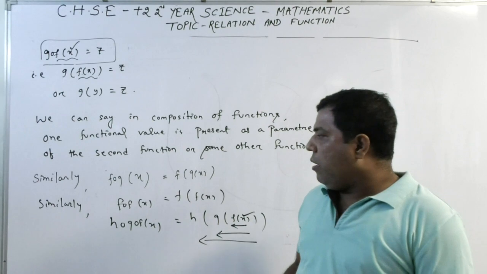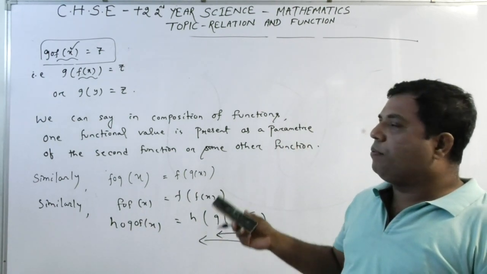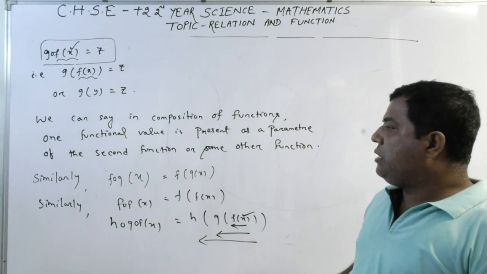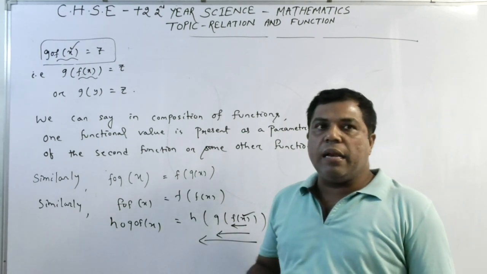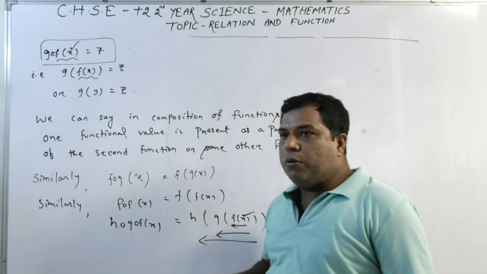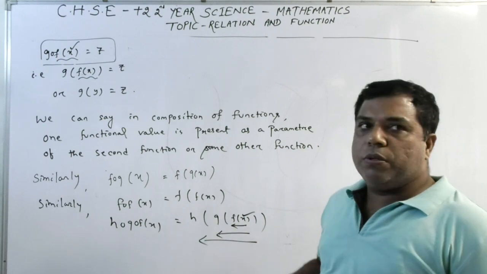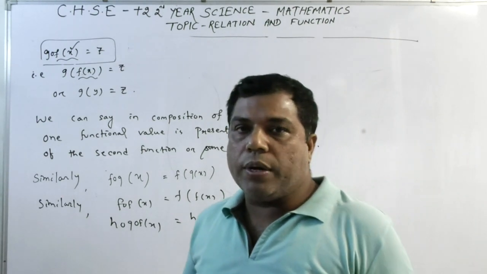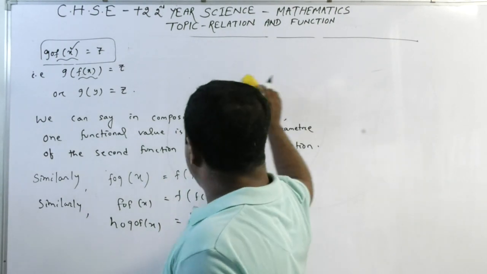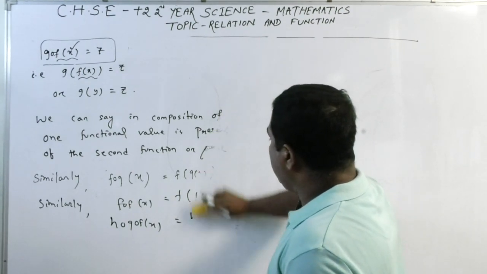Okay. Let us go for some examples of composition, and we will see how the composition can be evaluated. Next, we will go for the composition of more than one function, and we will see how it is evaluated, with some examples.